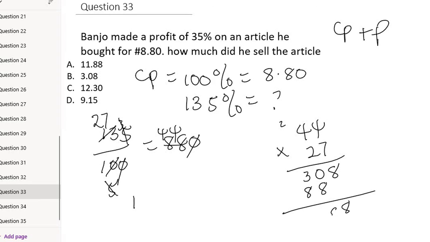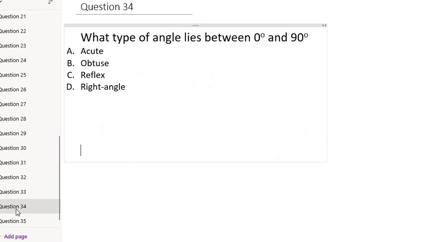I have 8, 8, 8 plus 3, 11. That's kobo. Remember, I made this whole. I have a decimal here, so you put your point. The right option is A.